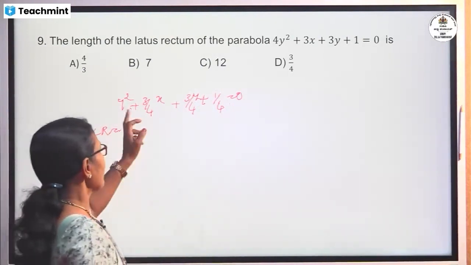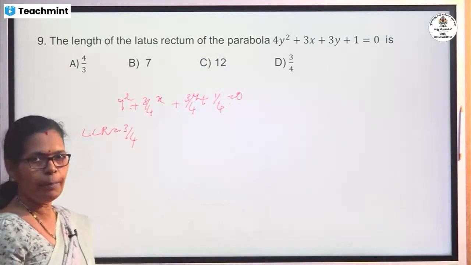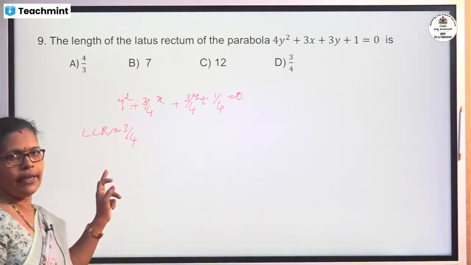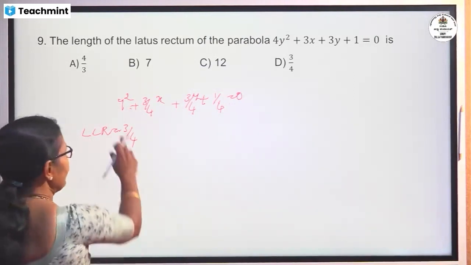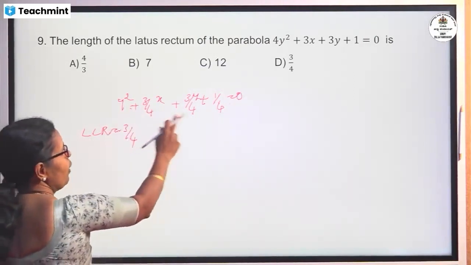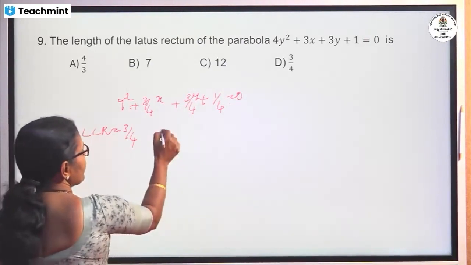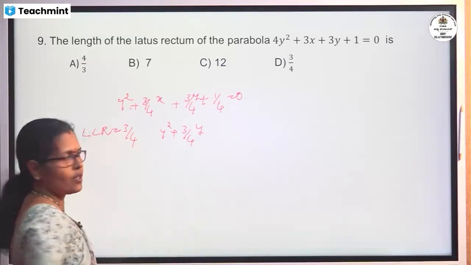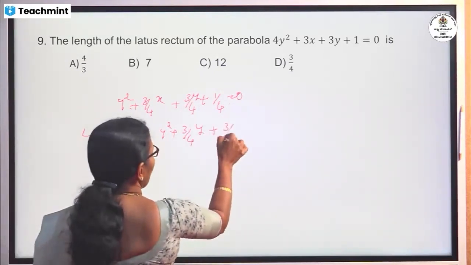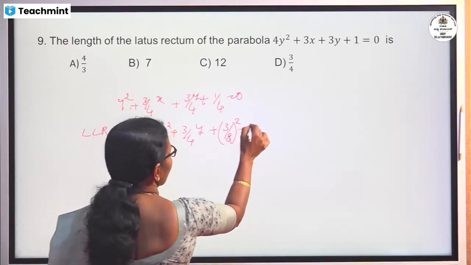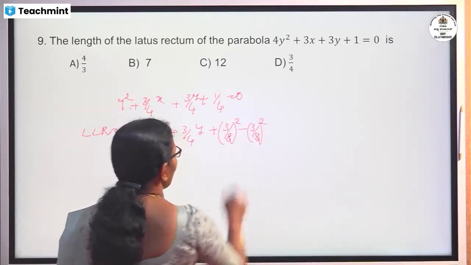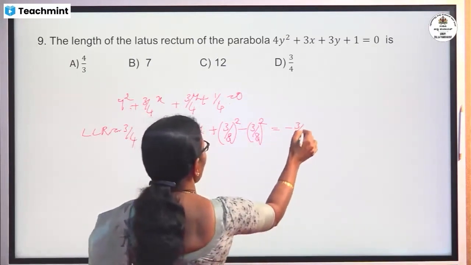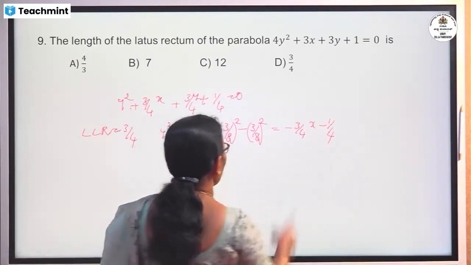Another method is the completing the square method, to find the length of the latus rectum. You know that y square plus 3 by 4y, next we have to add 3 by 8 whole square and subtract 3 by 8 whole square. Next, on the right hand side we write minus 3 by 4x minus 1 by 4.